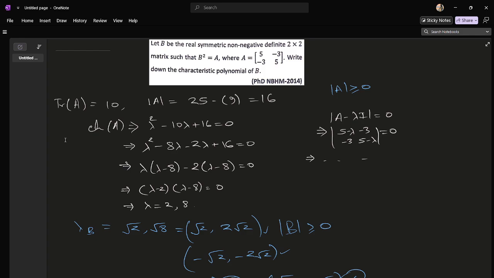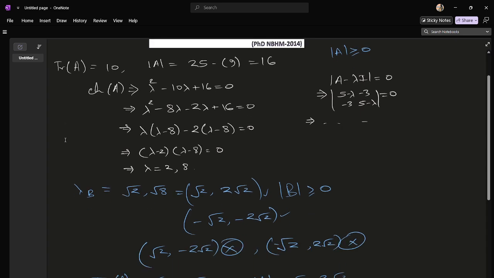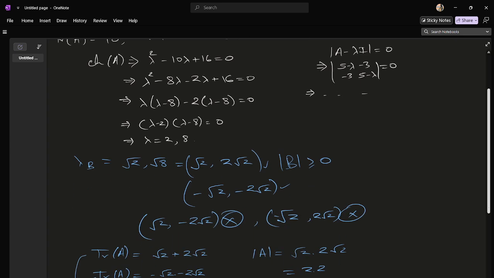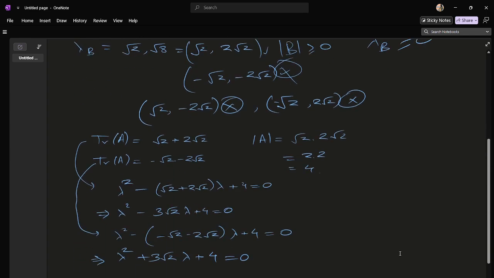Again, I have made a mistake. For the real symmetric non-negative definite matrix, this one will also cancel out because the eigenvalues of B are greater than or equal to 0. Pardon me, this is also my mistake.